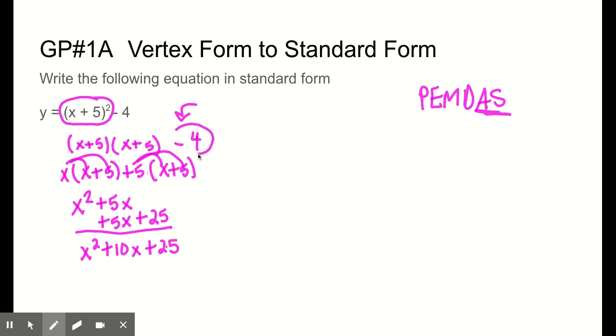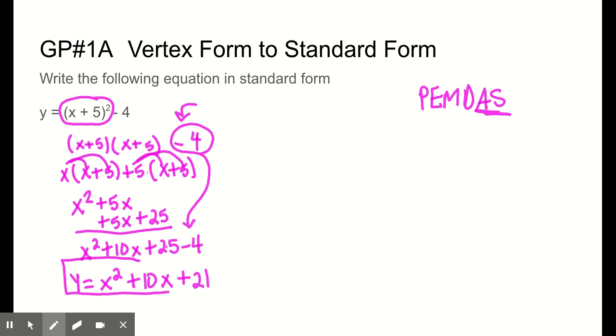And then I can take this 4, and now that I have simplified everything else, I can go ahead and subtract that 4 from its like term, which is the 25, because they both do not have a variable on them. So that ends up giving me y equals x squared plus 10x plus 21. I'm sorry, yes, plus 21.